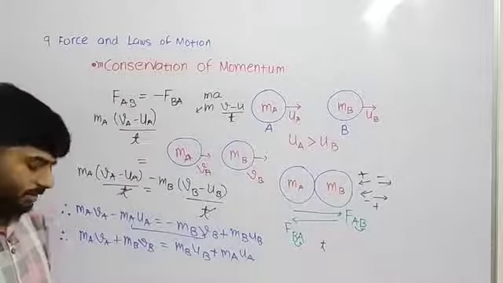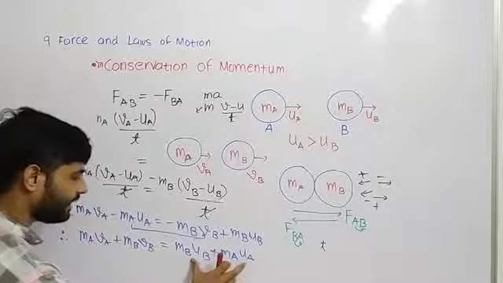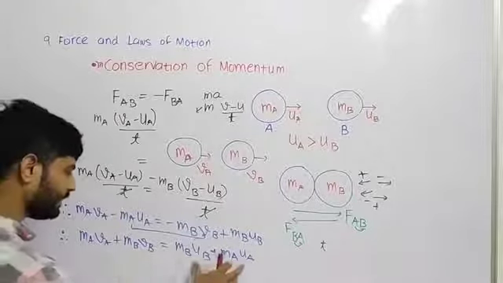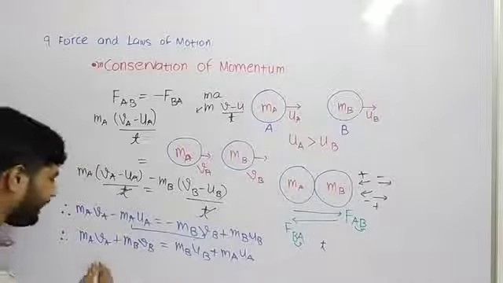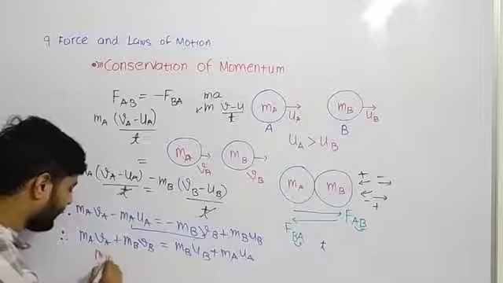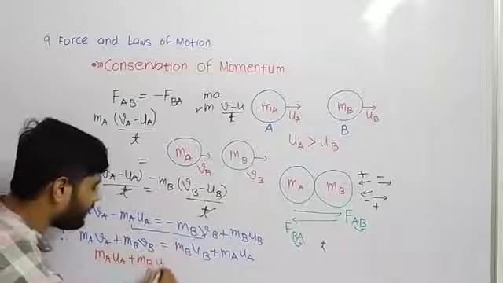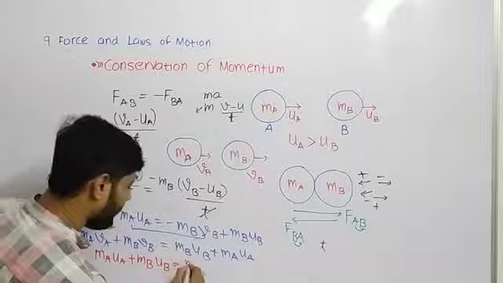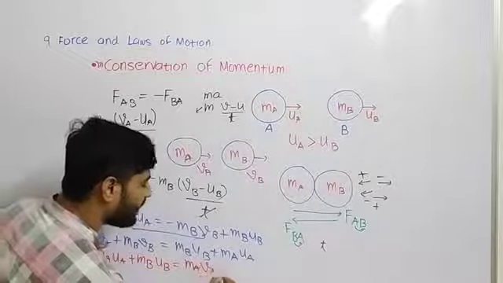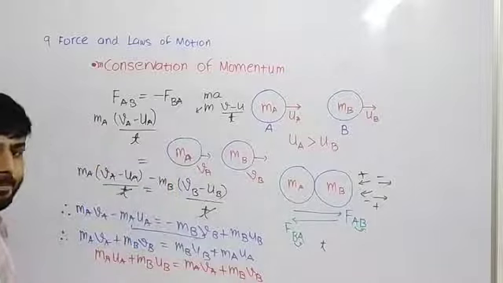Now I change the sides of the equation, so I can write MA UA plus MB UB is equal to MA VA plus MB VB.